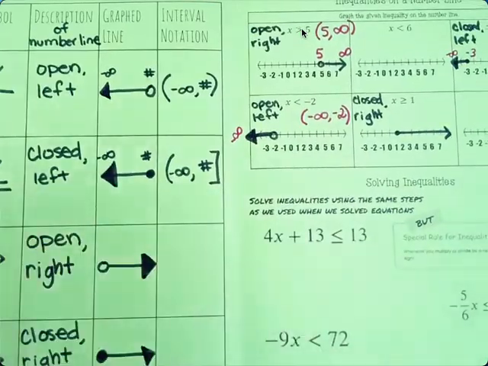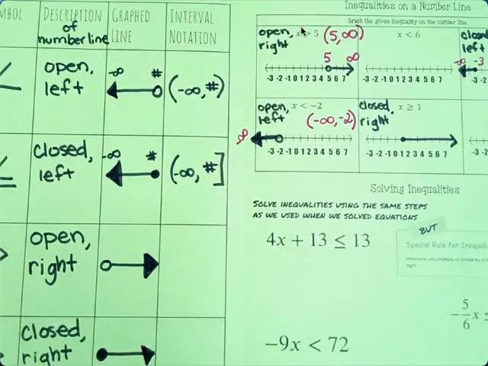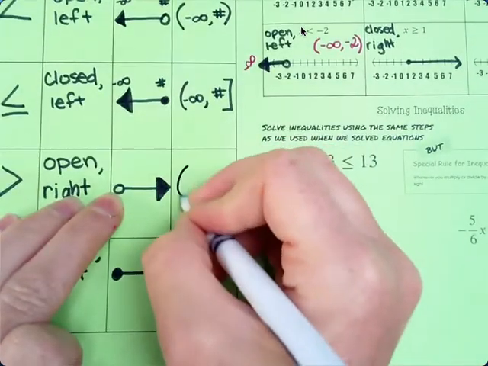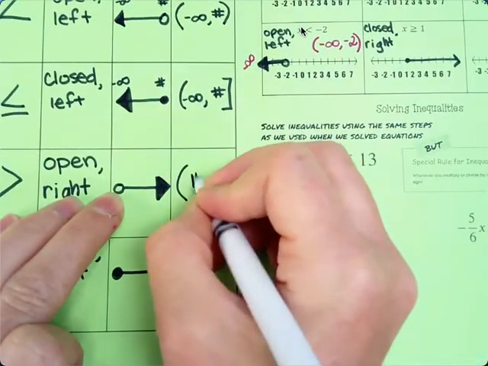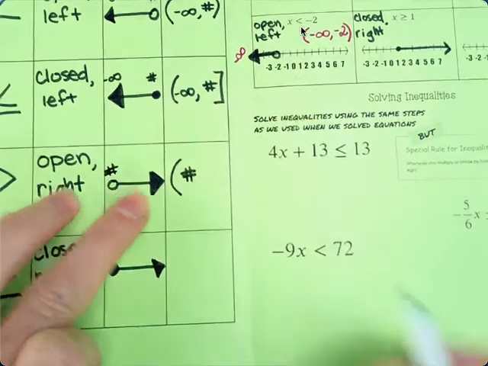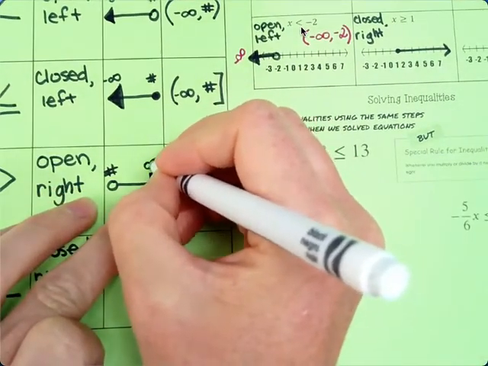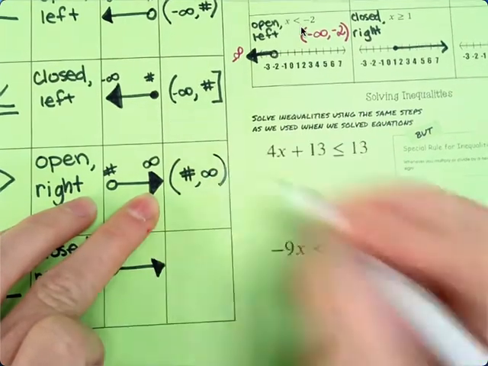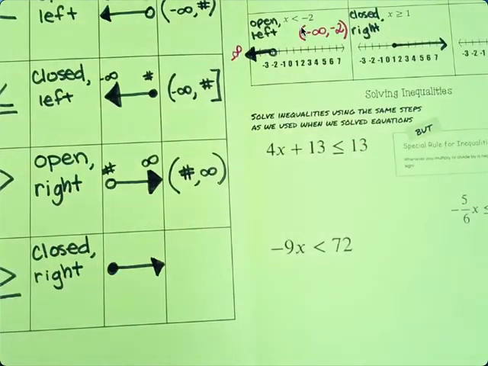So let's look at this. We have an open circle, so that's a parenthesis. We have some number, that open circle, and then the arrow means it's going on and on to positive infinity. And it's both parentheses because we don't have an "or equal to" at all.